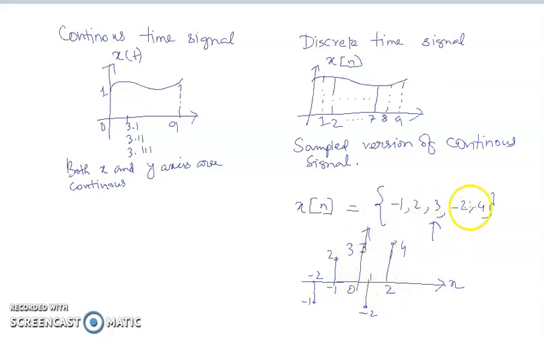The other values: -2 is at n equal to 1, at 2 the magnitude is 4, and on the left side of 0 there are the values 2 and -1. So the first element is at -1, the second element is at -2. In this way we can plot discrete time signals.